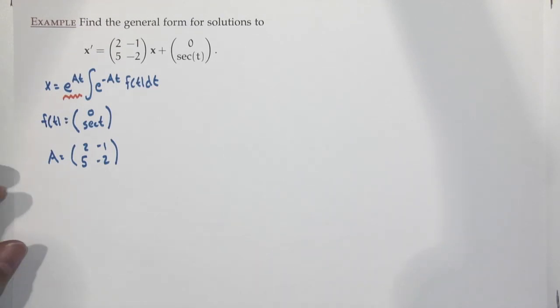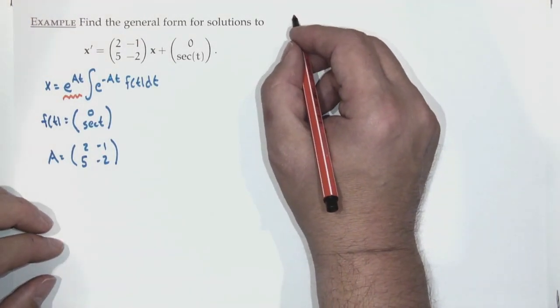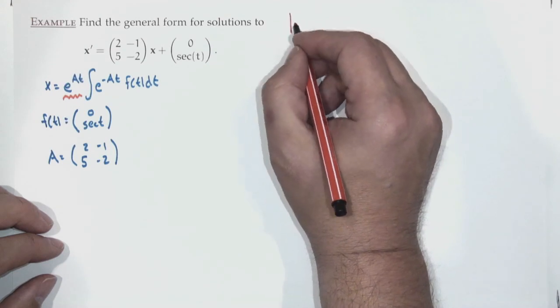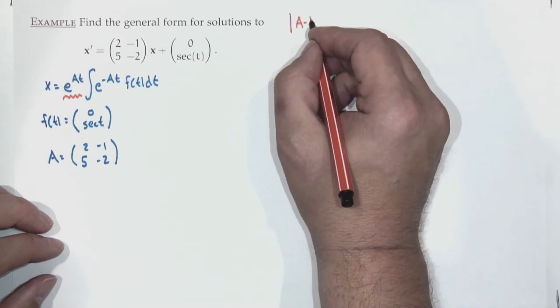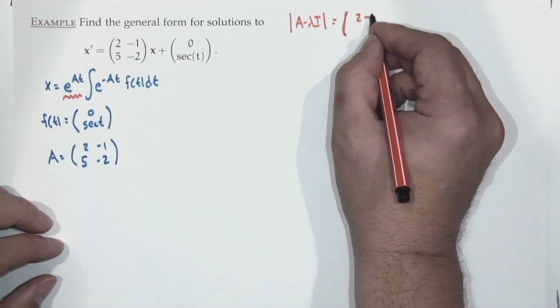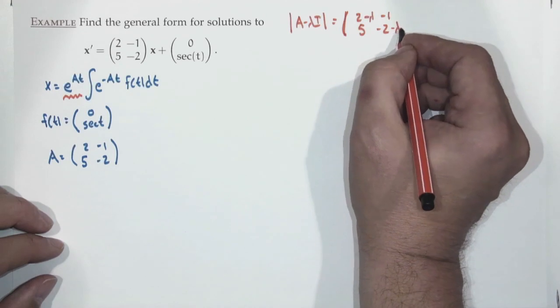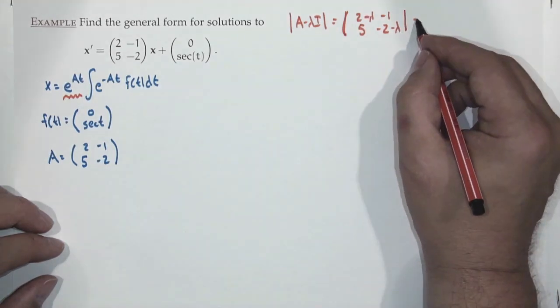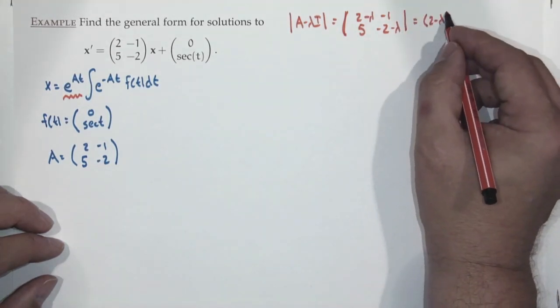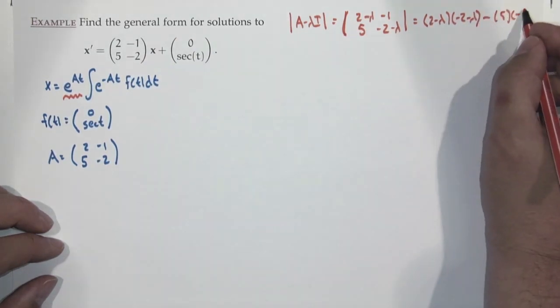Now, let's hope that these are good eigenvalues. Well, all eigenvalues are good. So we take our determinant of A minus lambda I. So that's the determinant of 2 minus lambda, negative 1, 5, negative 2 minus lambda. And that's 2 minus lambda times negative 2 minus lambda, subtract 5 times negative 1.